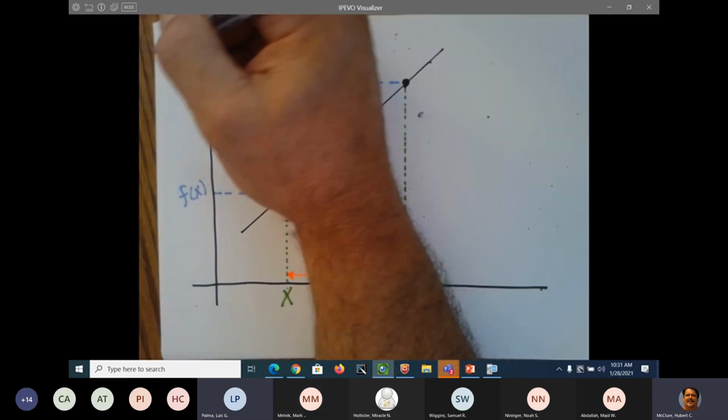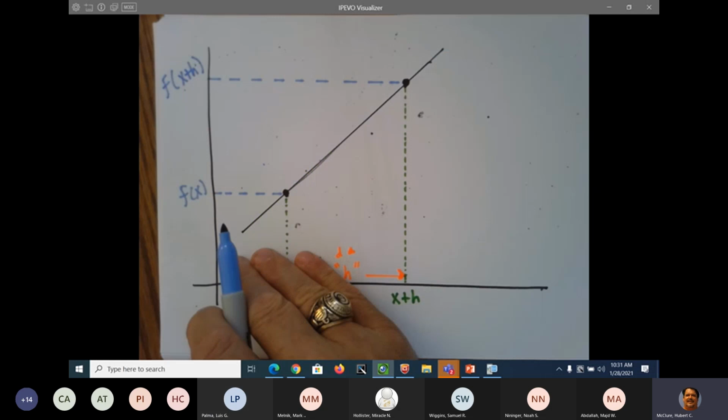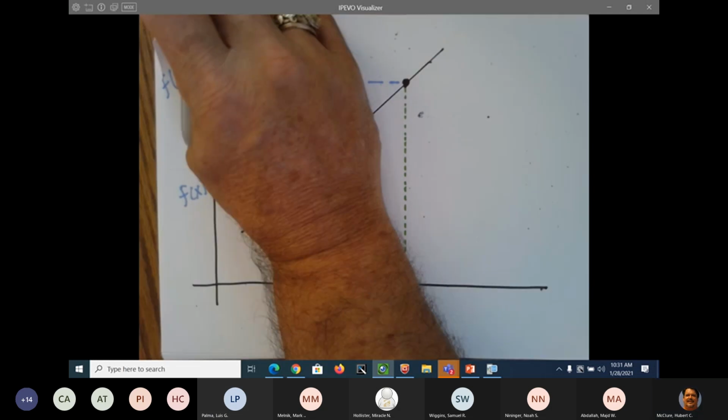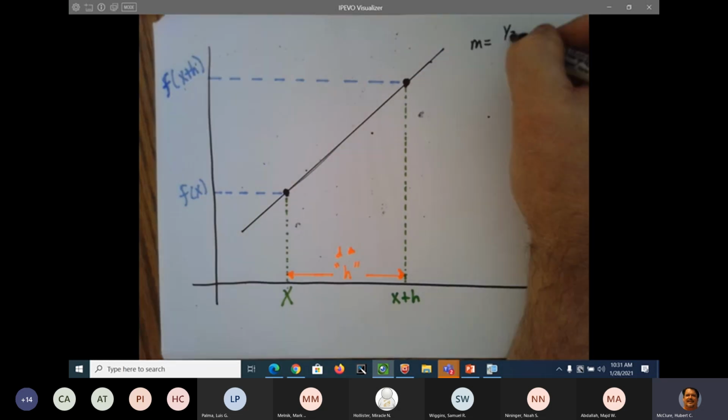X plus H. F of what? Plus H. There you go. Okay, now this is where I want y'all to be smart. I want y'all to tell me the slope of this line using M is equal to y sub 2 minus y sub 1 over x sub 2 minus x sub 1. And I'll even do the parentheses for you.